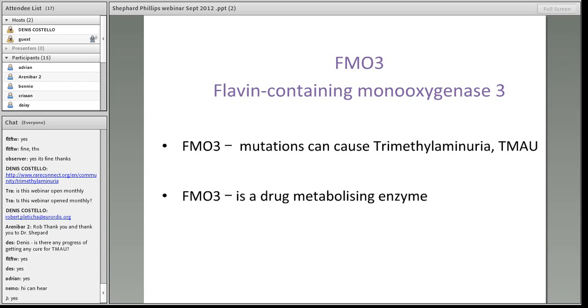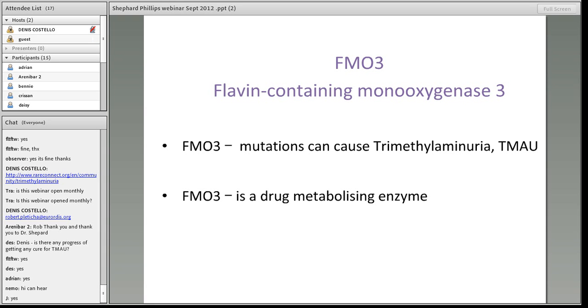Next slide, please. So the protein FMO3 is the one that is responsible, when mutated, for the condition trimethylaminuria. Now FMO3 has this rather long name called flavin-containing monooxygenase 3. And the name really says everything about the enzyme.